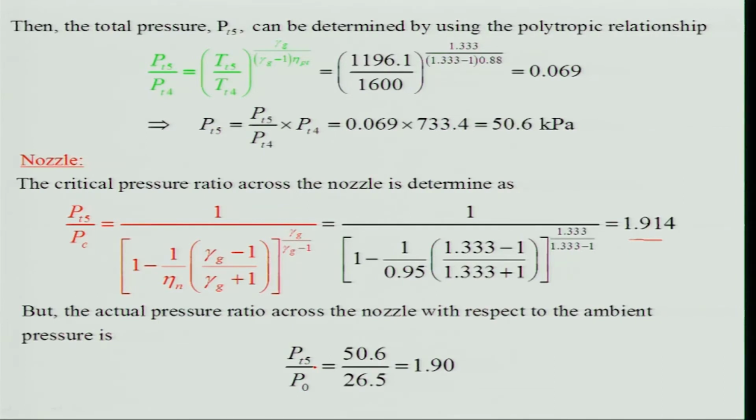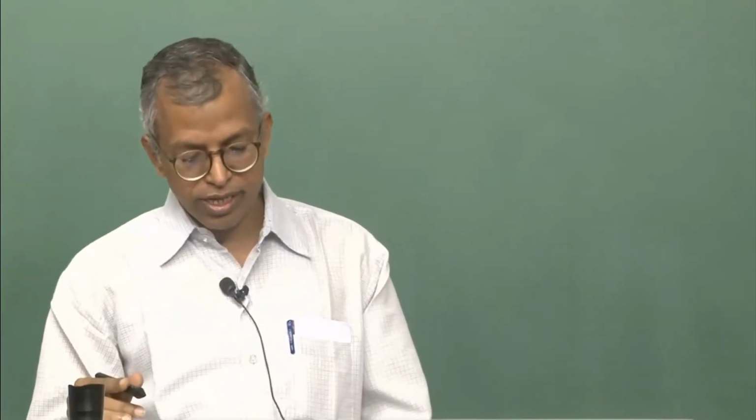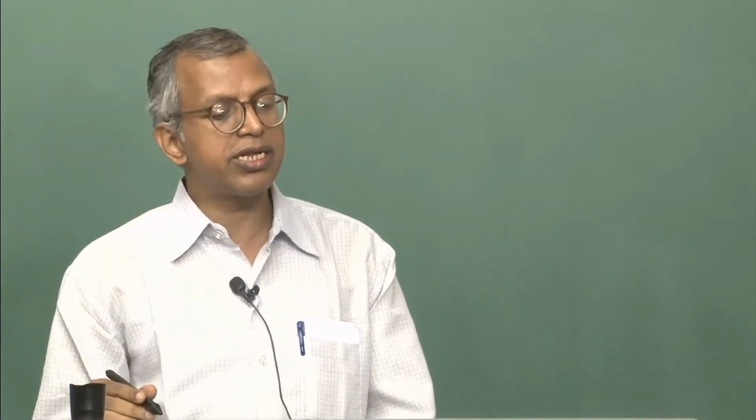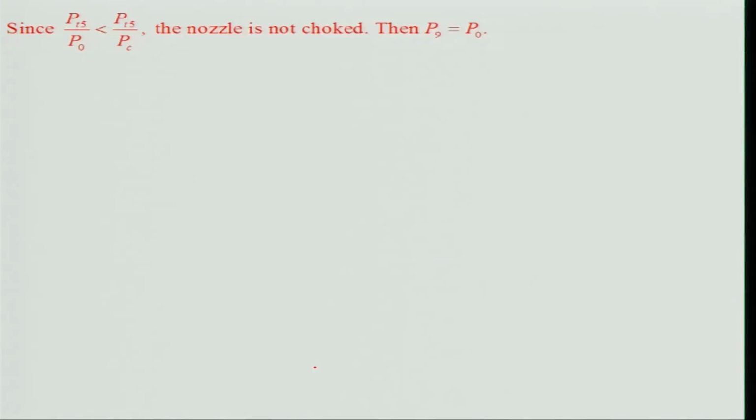If you look, this ratio is less than the critical pressure ratio. Of course, it is very little, so it will be almost critical. So, one has to be a little careful, because the situation will change, but in this case we will consider that the nozzle is not choked, because Pt5 by P naught is less than Pt5 by Pc. If it is not choked, P9 is equal to P naught, that means the nozzle is fully expanded.